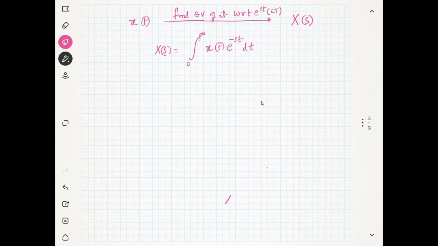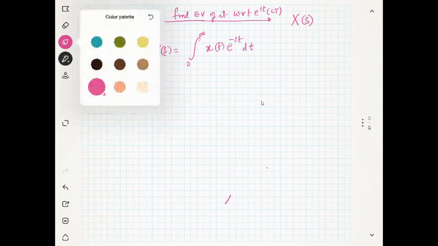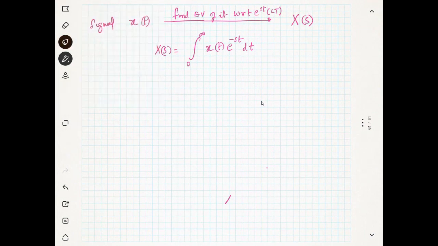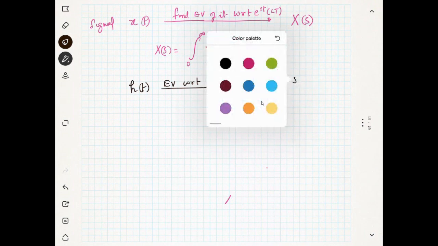For the system h of t, what is the corresponding eigenvalue with respect to the basis e power st? H of s, the Laplace.